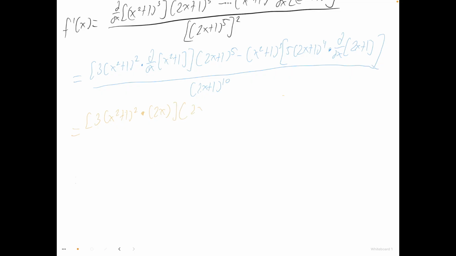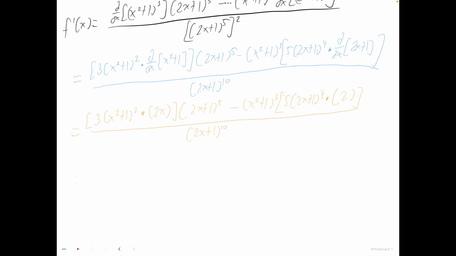Then multiplied by our 2x plus 1 to the 5th, minus x squared plus 1 cubed, times, taking the derivative here, we have 5 times 2x plus 1 to the 4th, times the derivative of 2x plus 1, well, that's just going to be 2, all divided by our denominator, which is 2x plus 1 to the 10th.